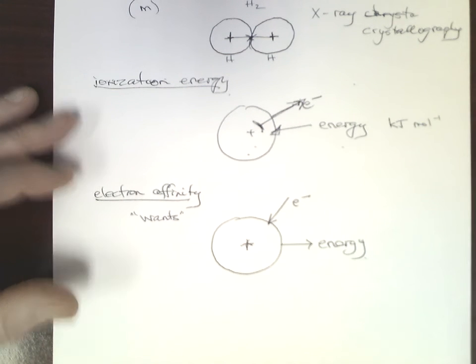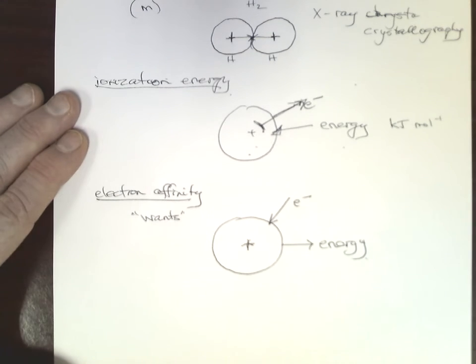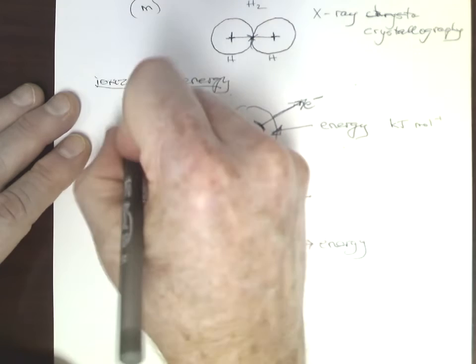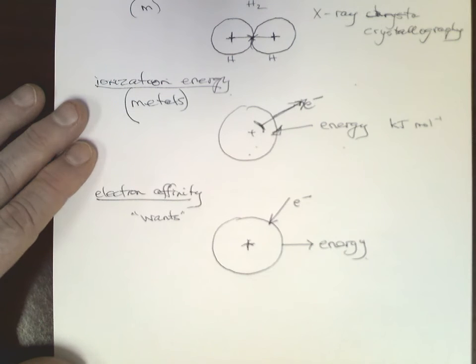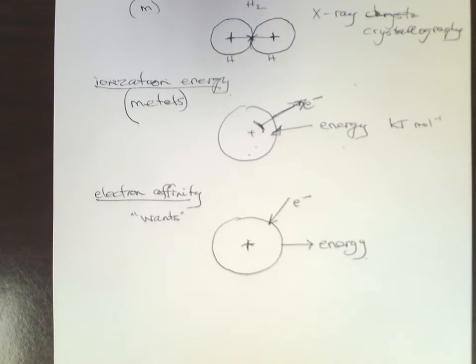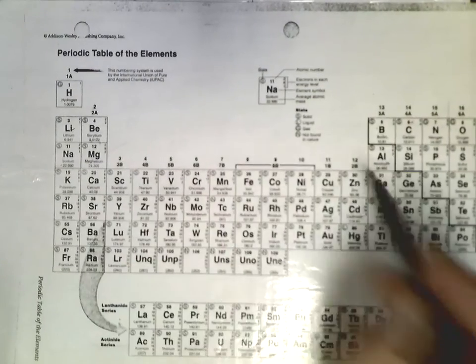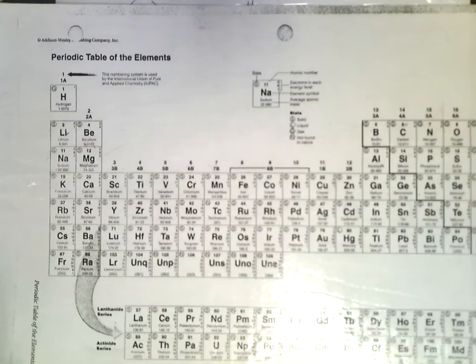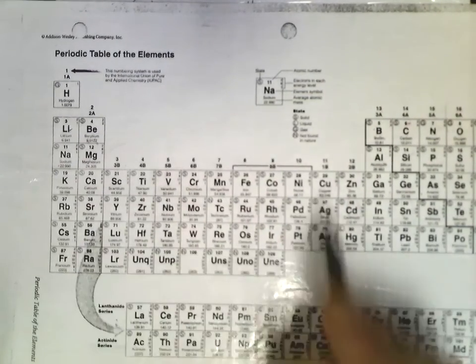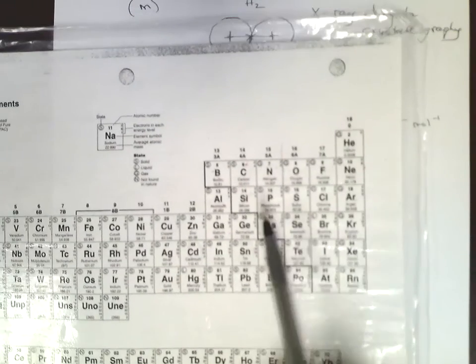They're the exact opposites. Now, ionization energy is critical. Ionization energy is what we are going to use for metals. We know that metals give up electrons. That's what makes them metals. That's why they are on this side of the periodic table. All of these elements prefer to give up an electron by gaining energy in its place. Nonmetals, of course, are the opposite.